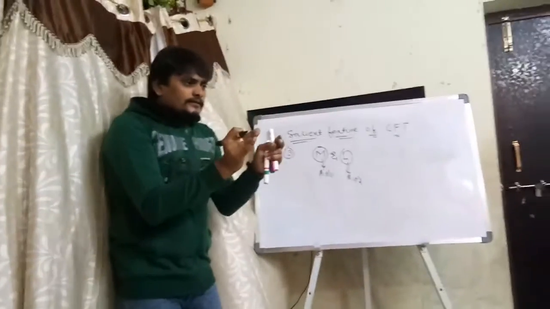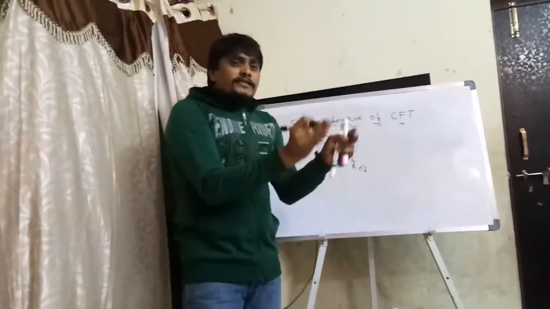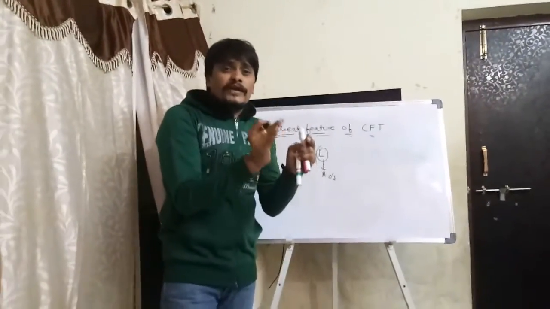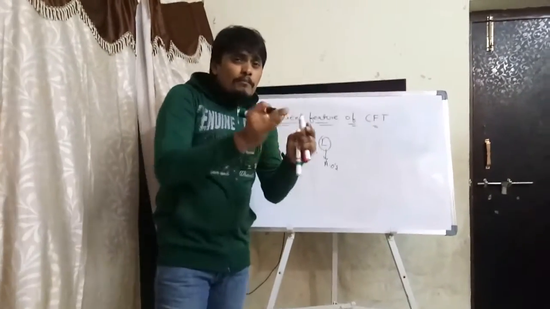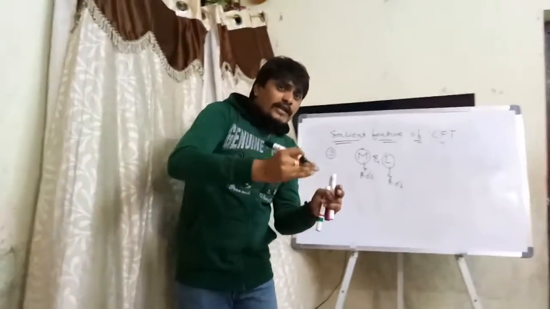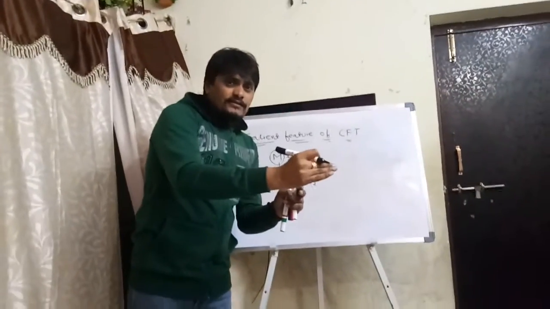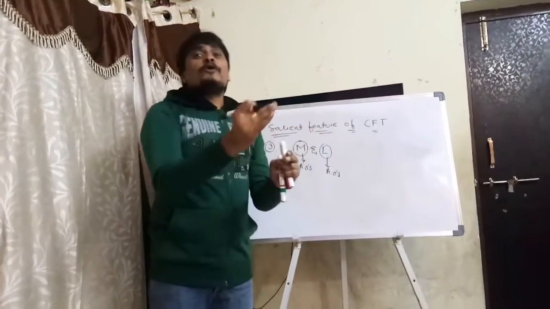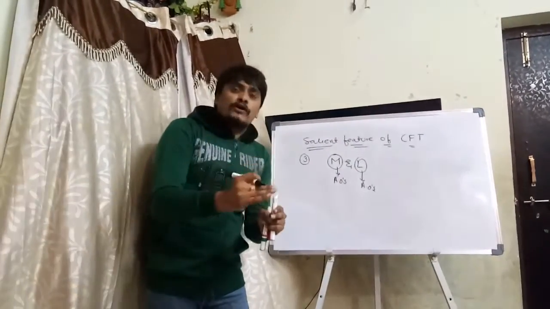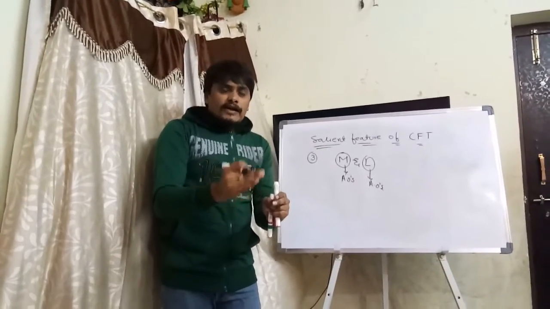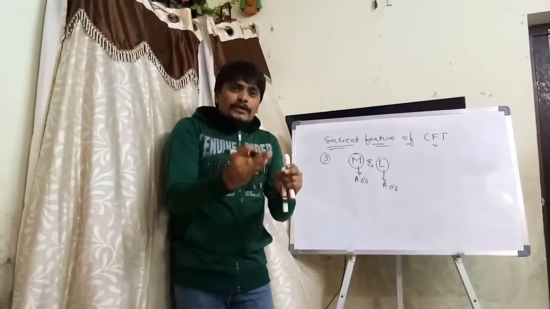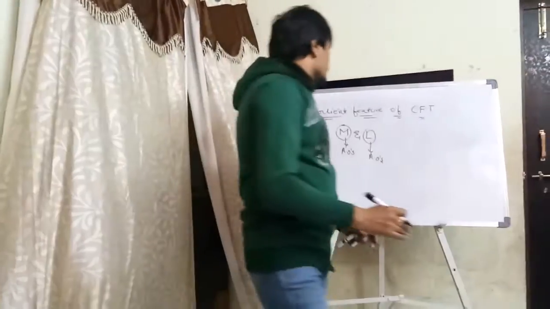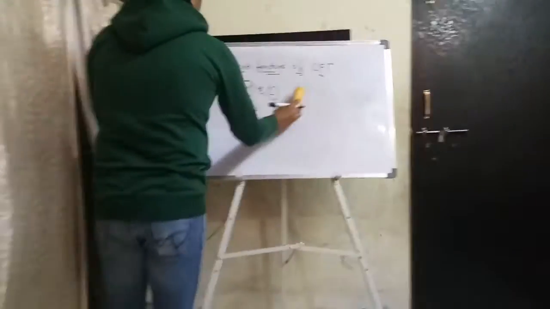The bond between the metal and ligand is purely electrostatic in nature. Instead of overlapping, electrostatic interaction will be there between the positively charged metal ion and the ligand. So this is the third postulate.